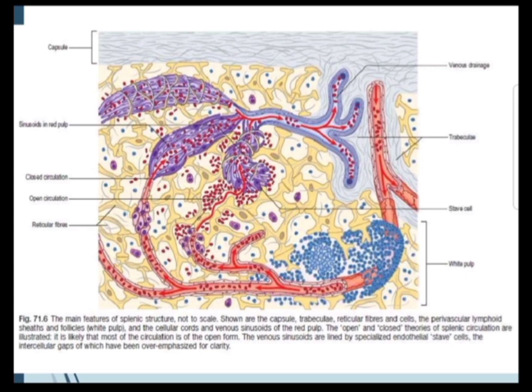But in certain animals like cats, dogs and camels, the spleen is a big structure and contains a lot of blood, and whenever there is hypovolemia, the contraction of the spleen pours the blood into the circulation. So this was about the spleen.